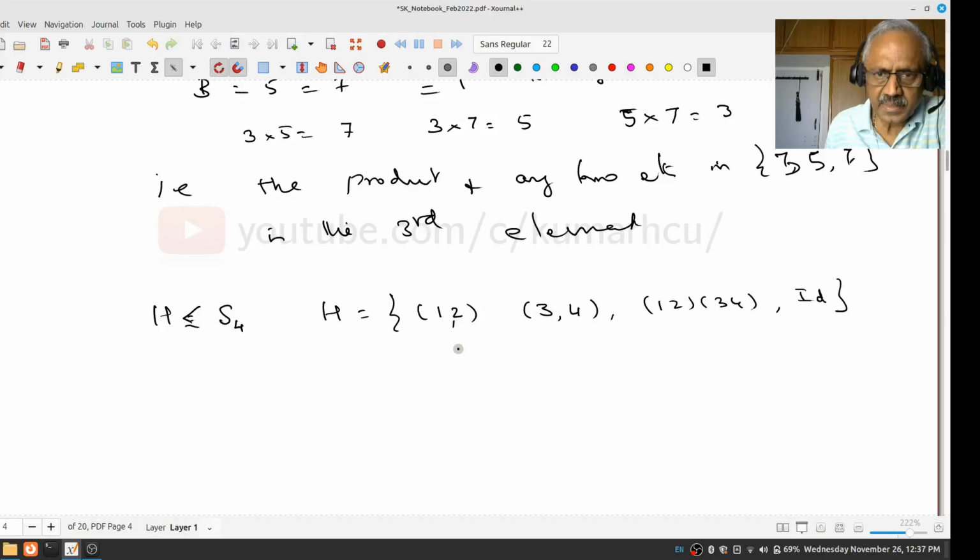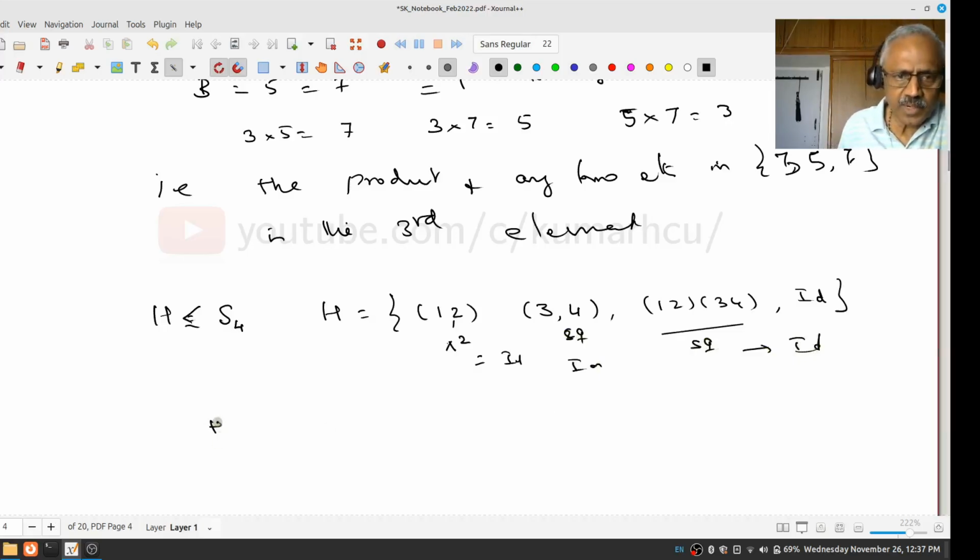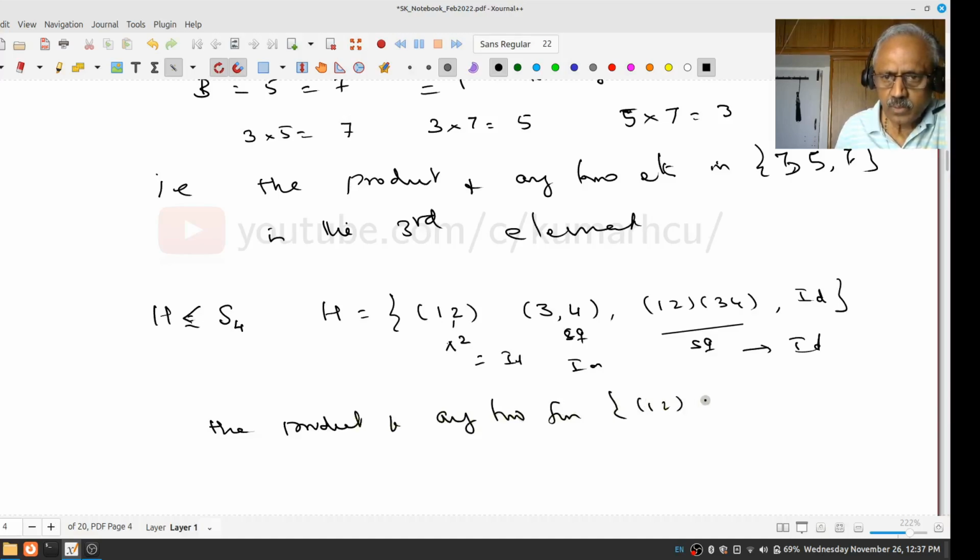And again, the square of this is identity, and the square of this is identity, and the square of this is identity, and the product of any two is the third element.